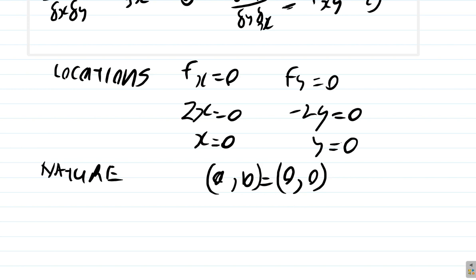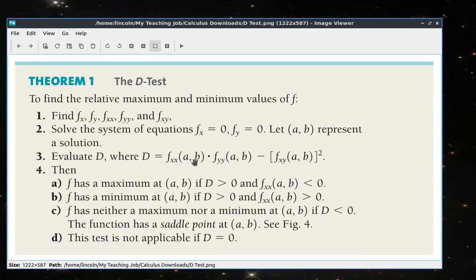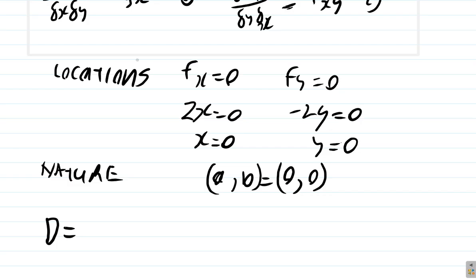Now, here, we want to find D. What is that equal to? D is fxx(a, b), so let's write that down. When we found fxx, we got the function.